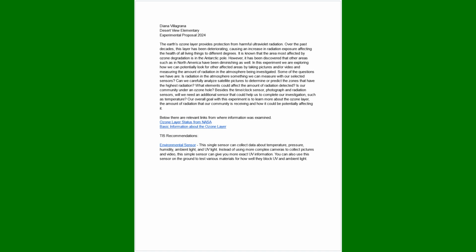So you'll be able to correlate between location, altitude, and your data readings. That should give you some idea of how much UV radiation it is detecting low to the ground, higher up, all the way at the edge of the atmosphere. You're going to be able to see that in your data.